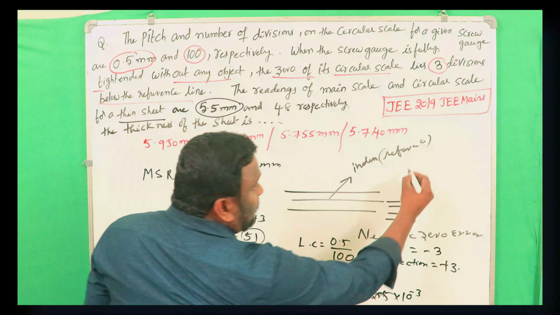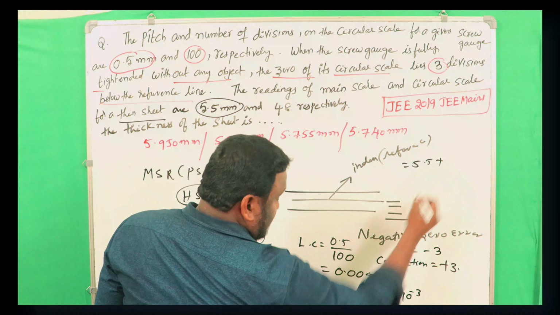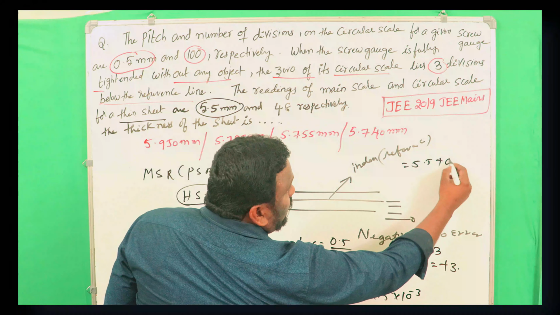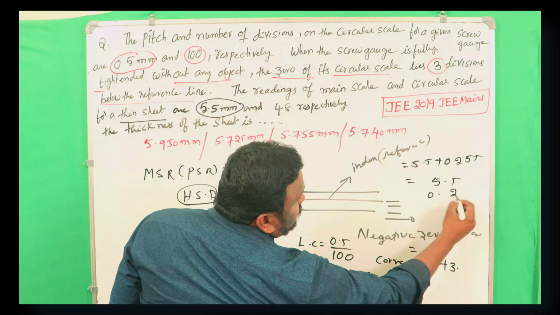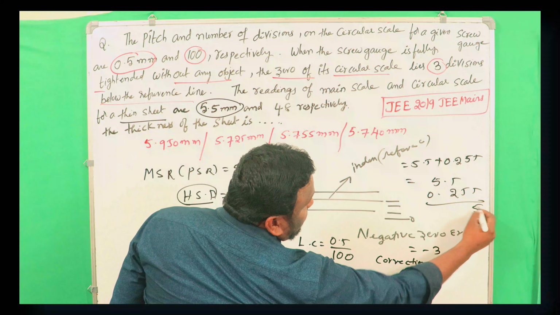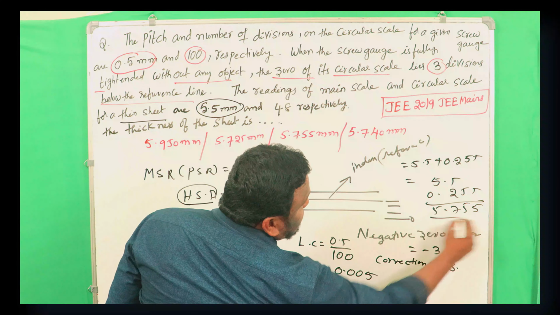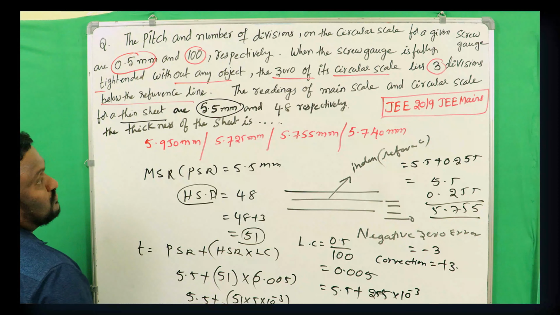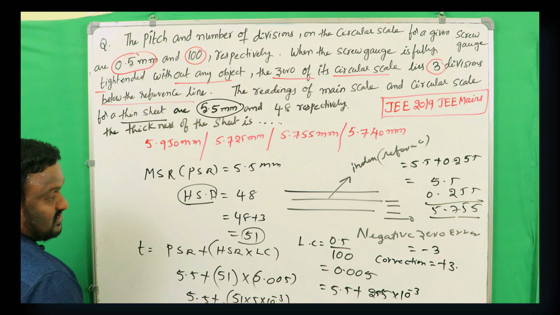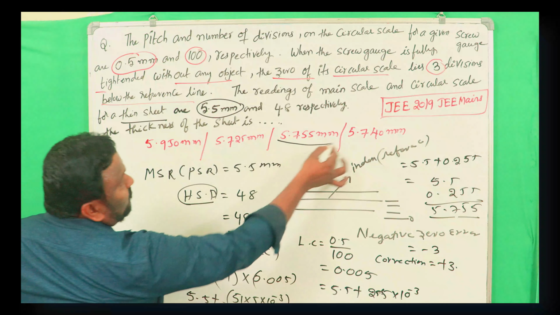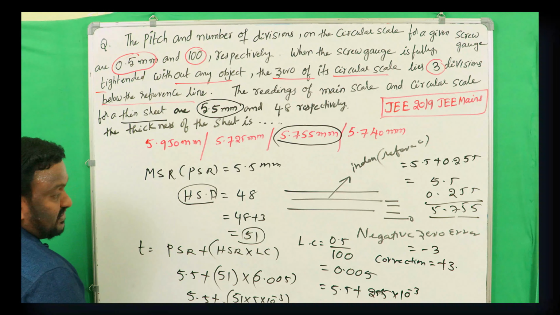Then 5.5 plus 0.255. Then we can add 5.5 and 0.255. That is 5.755. So 5.755 millimeters. That's why here the option is 5.755 millimeters.